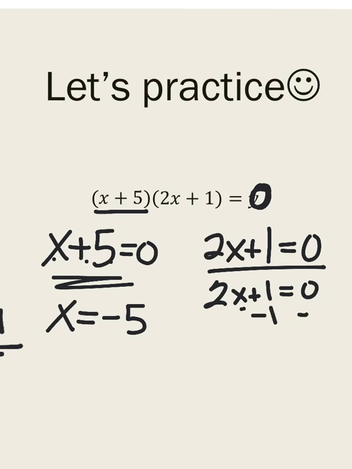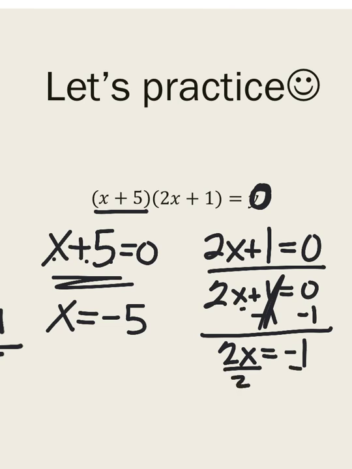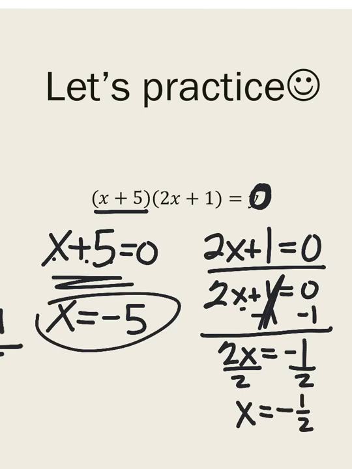So I'm going to subtract 1 to get rid of this +1, and I get 2x equals -1. And then this is a multiplication problem. I can divide by 2, and I find that x has to be -1/2. So the place where this particular one crosses the x-axis is at -5 and -1/2.